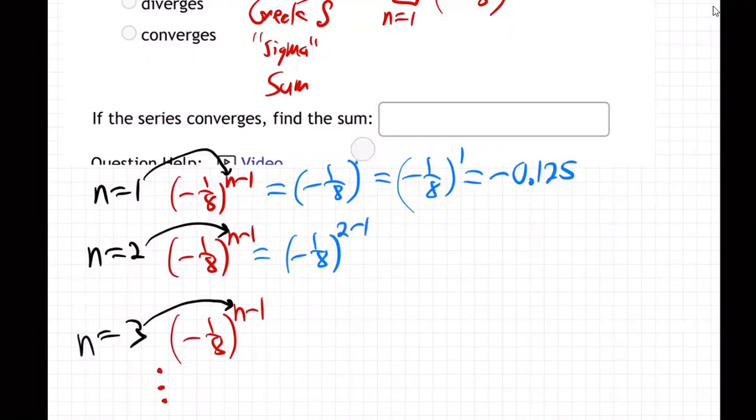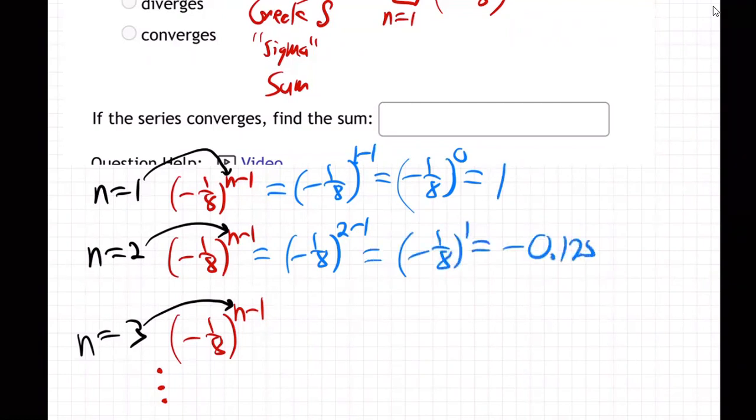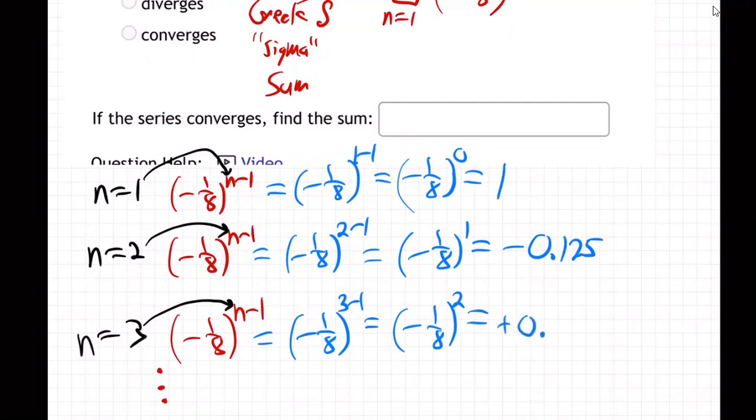Let's try this again. (-1/8)^(1-1), right? Which is (-1/8)^0, which is 1. Anything to the 0 power is 1. This one will be (-1/8)^1, which is negative 0.125. Now this one will be (-1/8)^(3-1), squared, and I'm getting positive 0.015625, and etc.